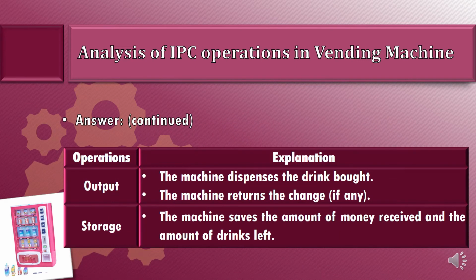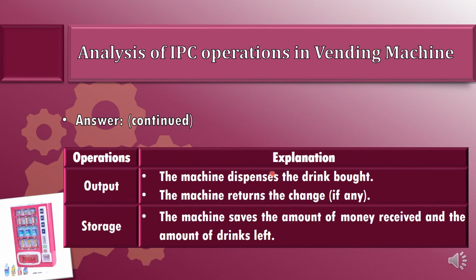Next, let's look at the third operation, that is output operation, for buying drinks using a vending machine. So what are the activities we can relate to output operations? Look at the answer here. The first one, the machine dispenses the drink bought.